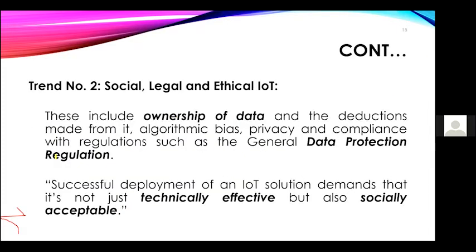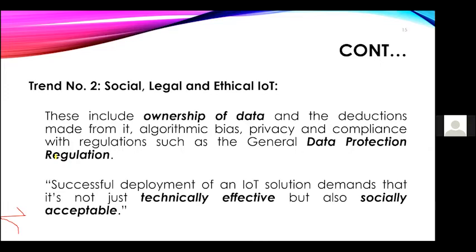If we come to the second trend, then the second trend will be social, legal, and ethical IoT. These include ownership of data and deductions made from it, algorithmic bias, privacy, and compliance with regulations such as the General Data Protection Regulation.